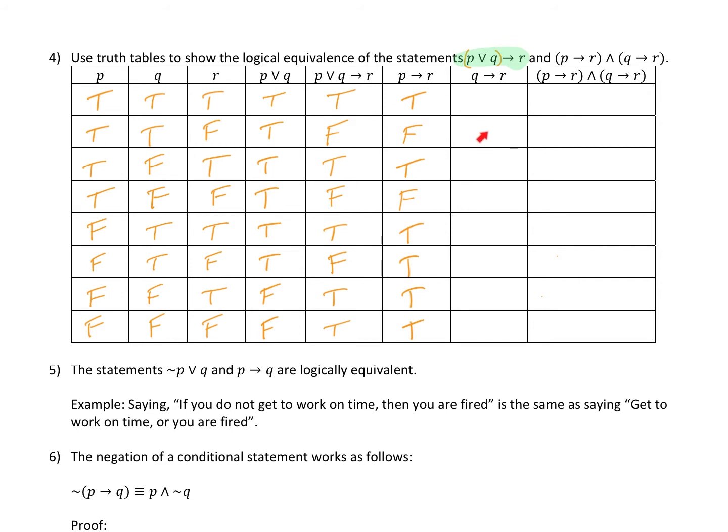So that gives me a false right here. Then I have false, true, false, false, true, true, true, false. There's another true, false. That gets me a false right here. Then false, true, false, false. Okay, everything else is true.